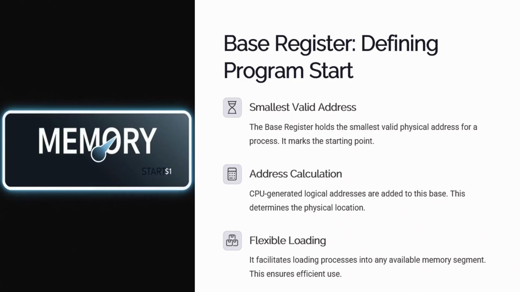Why is this helpful? Because it allows the operating system to load a program anywhere in memory as long as it updates the base register accordingly. It adds flexibility and better memory utilization. So, the base register is not just a pointer, it is a security and control mechanism.